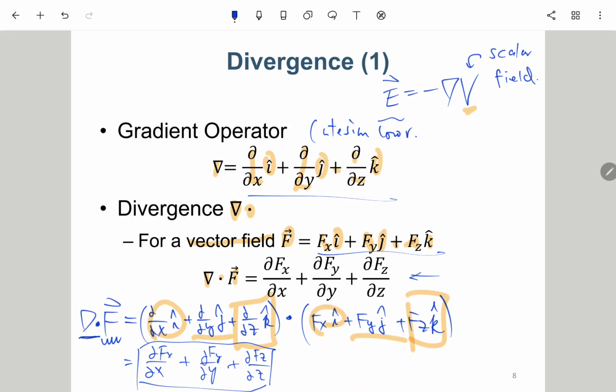So it makes sense because when we have the dot product between two vectors, it turns out to be a scalar. So here the gradient is like a vector operator dotted with a vector field, turns out to be a scalar field, so it totally makes sense.